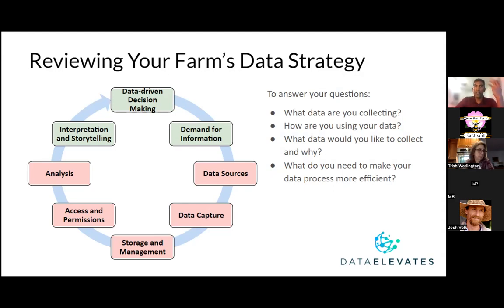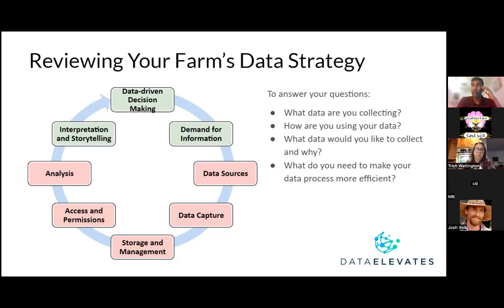What we'd like you to do is talk amongst yourselves in terms of the questions. Some of you have already raised them. It's totally fine if they're the same questions that people are having. But what we want you to do is look at the different parts of this data-driven decision-making cycle and see where there are strengths, but also where there might be areas we can improve on, or gaps.